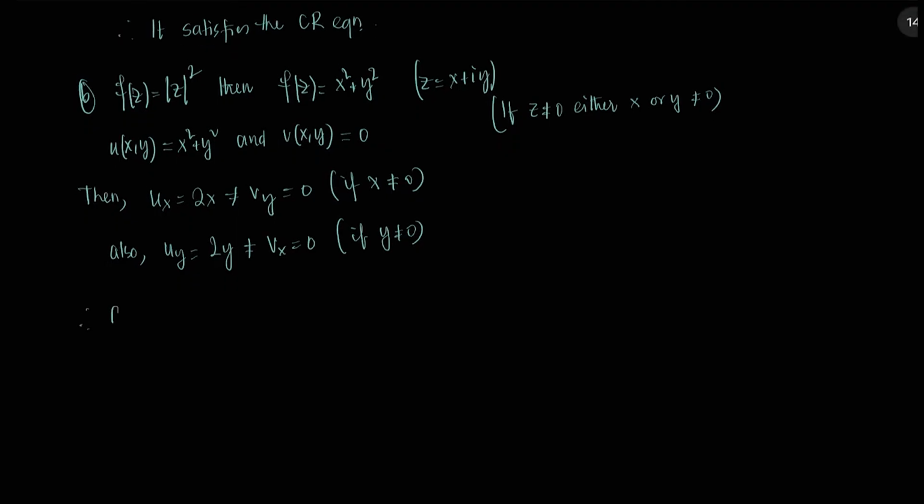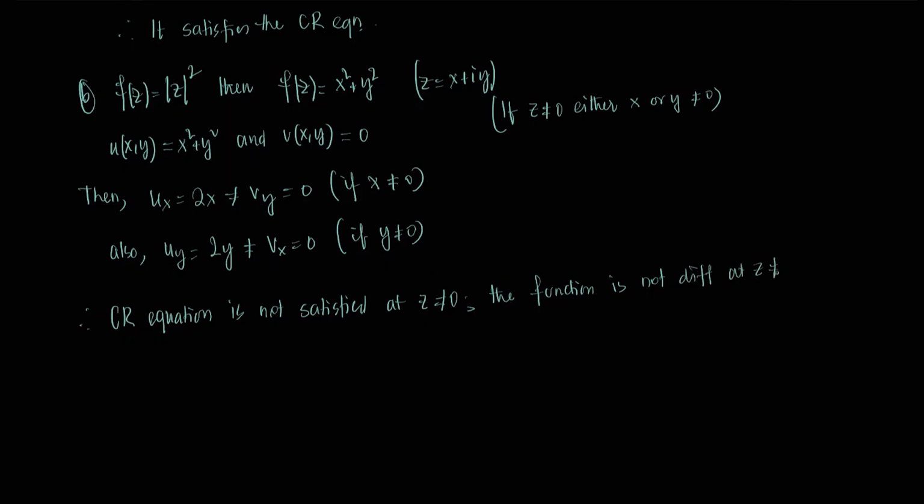So therefore, the CR equation is not satisfied at z not equal to 0, and that will imply that the function is not differentiable at z not equal to 0. It is actually differentiable at z equals 0.